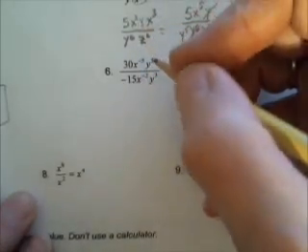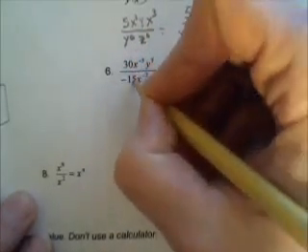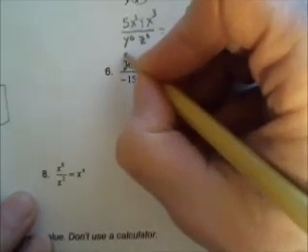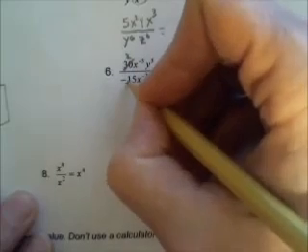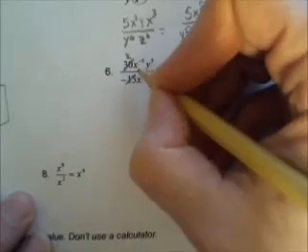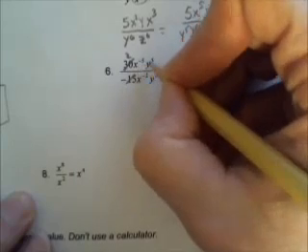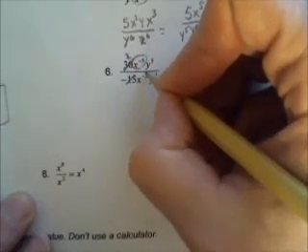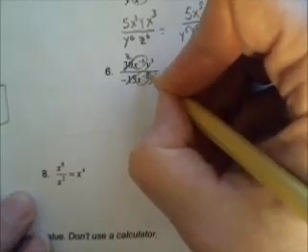Number 6, we have 30 over negative 15, which reduces down to 2 over negative 1. We have x to the negative 5th moving downstairs. We have x to the negative 2 moving upstairs.